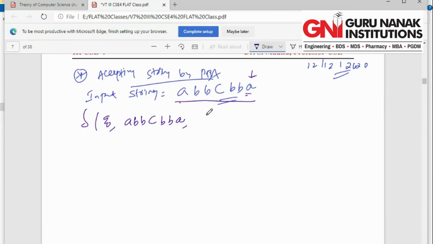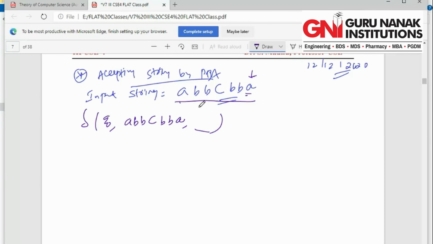And then what is the element required here? The top of the stack. What is the initial top of the stack?